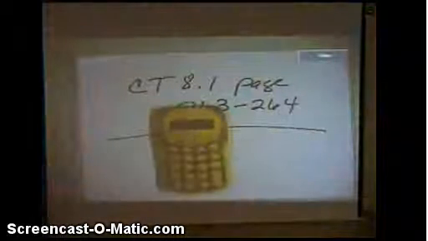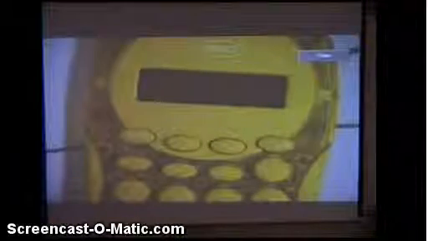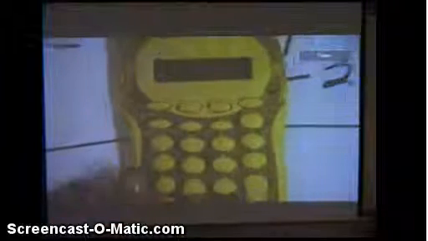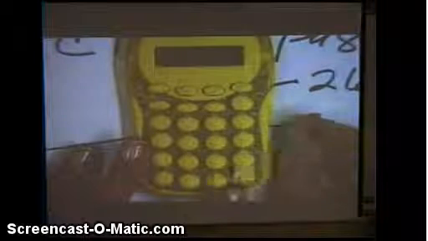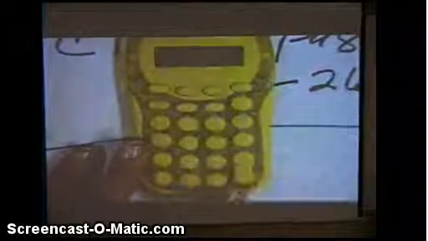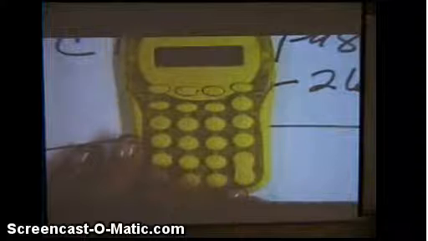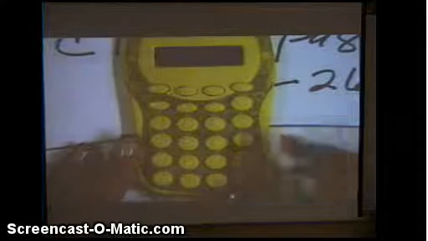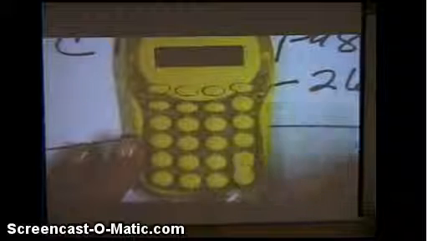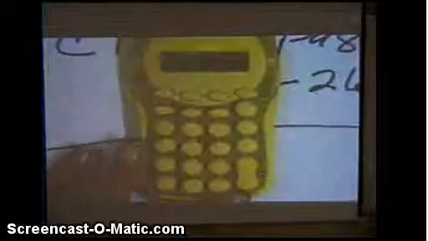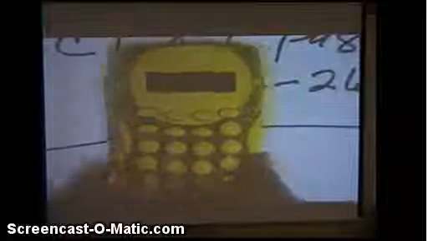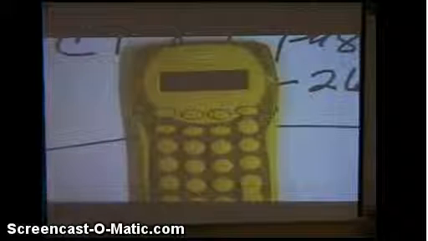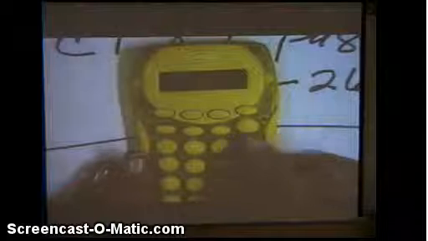The easy way to figure it: punch in your 800, times 9 and hit percent, then times 6 divided by 12. And that'll give you your answer.